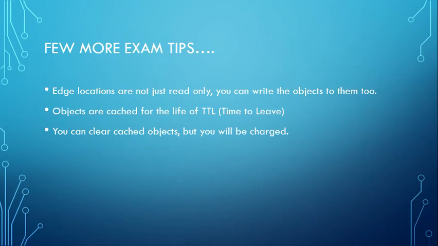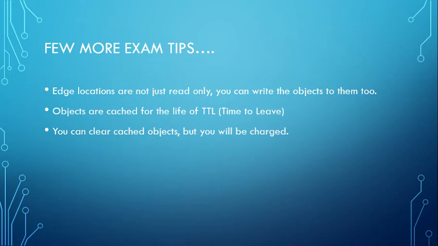The second point is that objects are cached for the life of the TTL. TTL is the time to live, which you set when configuring the CDN. It puts the expiry date on your data.